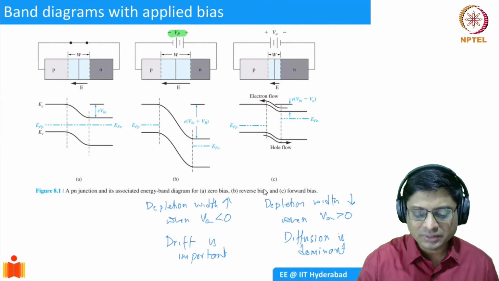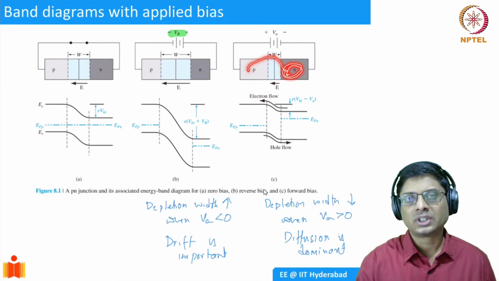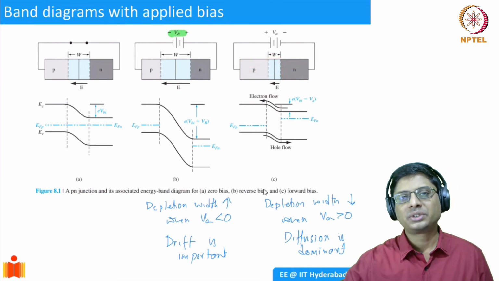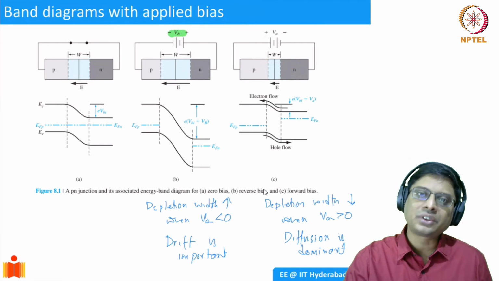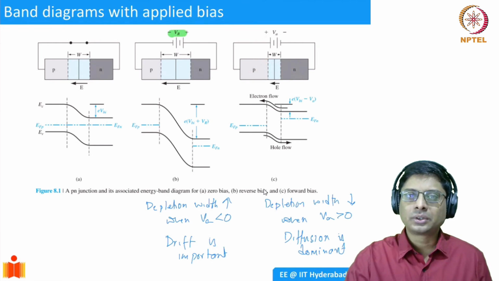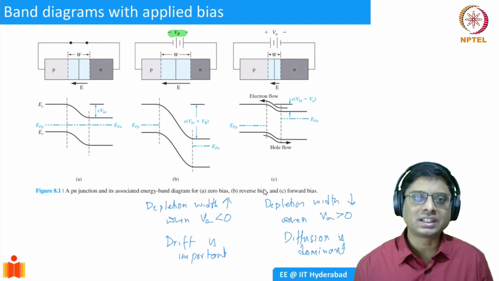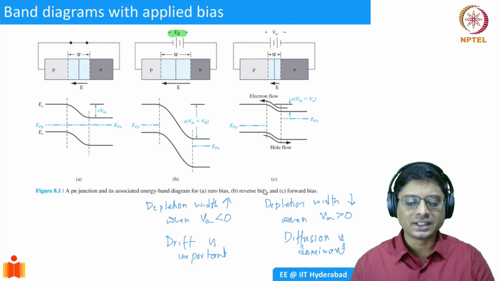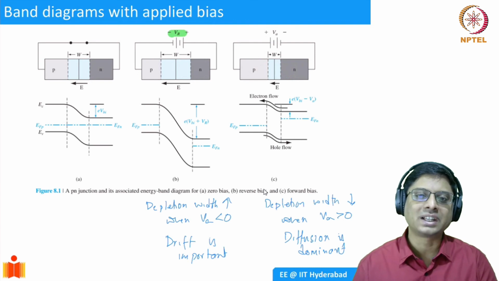Effectively, some of these holes are going to reach the n-type semiconductor, so they become minority carriers. So we are introducing excess minority carriers into the n-type and excess electrons into the p-type. Okay. So we'll have to study how the minority carrier distribution changes, and that will give you the current. In the next lecture, we will take some time and derive the expressions for minority carrier distributions, and we'll also see how they are represented on the bands.